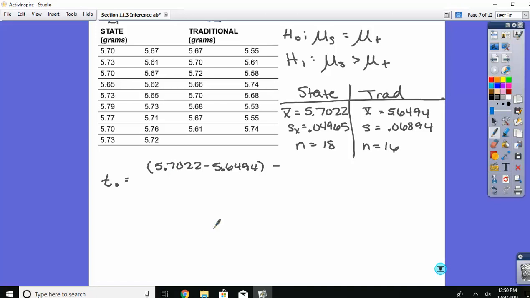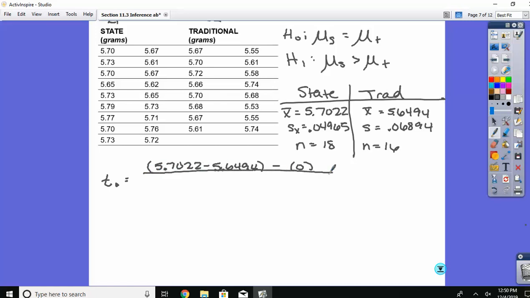Do we have the population mean given to us on these? No. We need mu of the first minus mu of the second. However, our null hypothesis is that those things are equal. If the null is true, what would happen when you subtract them? You get 0. So the difference is just going to be 0 for this.